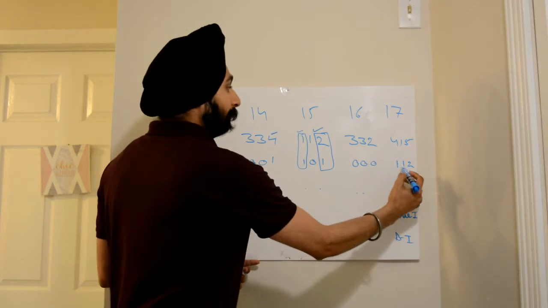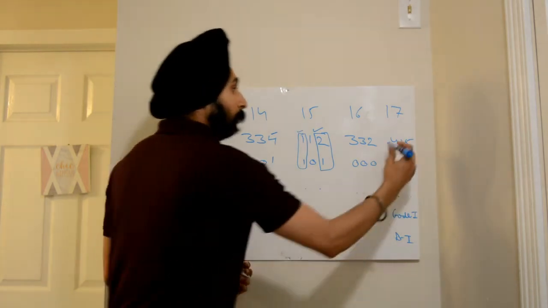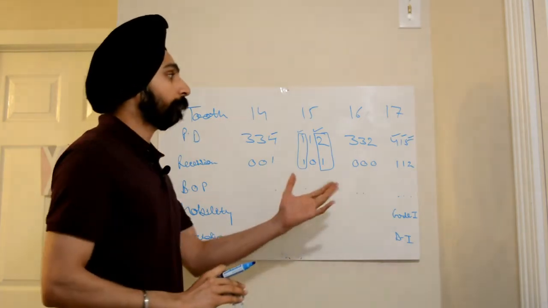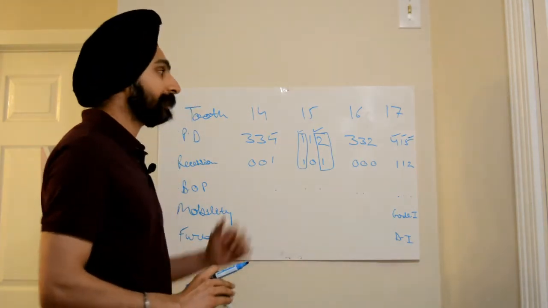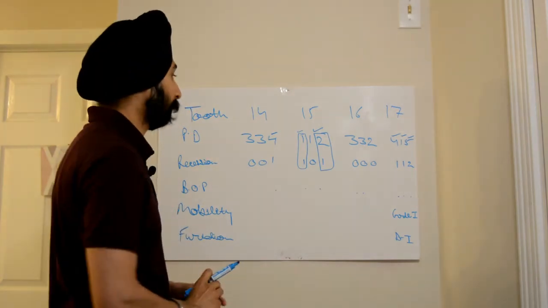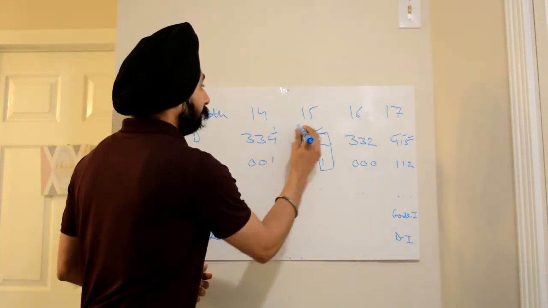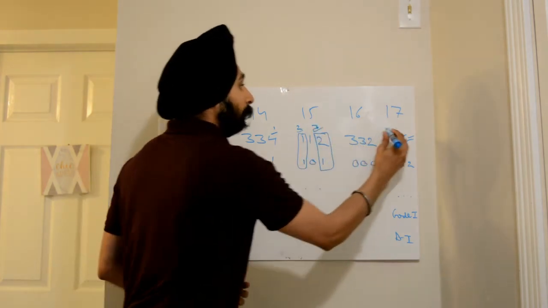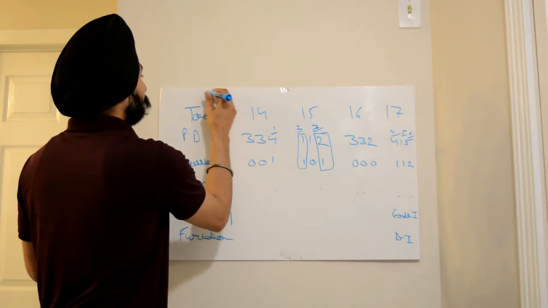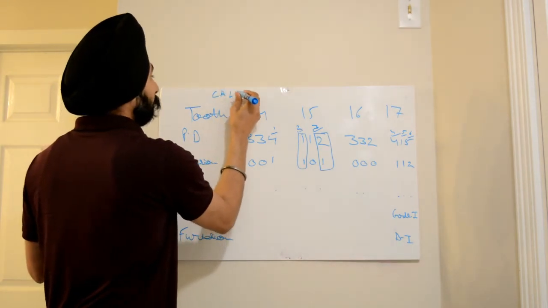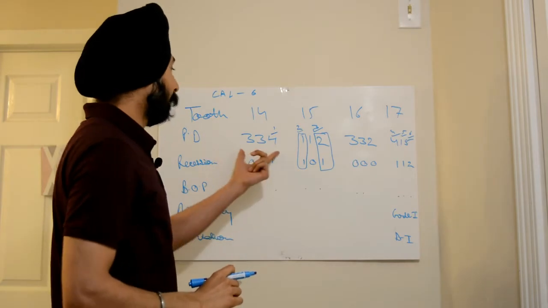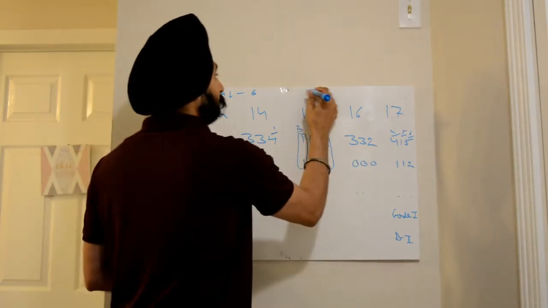Here at every site recession is there, so all the sites they become a case of clinical attachment loss. So let's count how many sites of clinical attachment loss are present. 1, 2, 3, 4, 5, 6. So we have clinical attachment loss at 6 sites. Okay, and how many total number of sites are there?